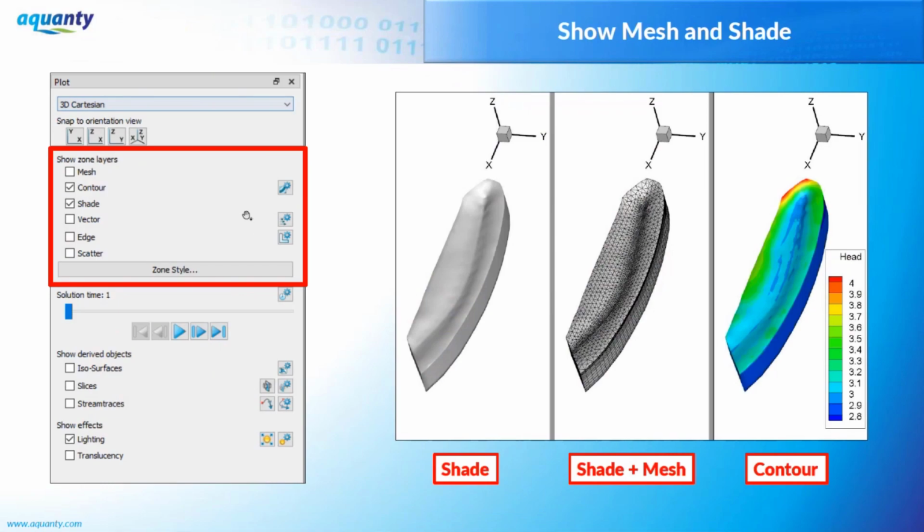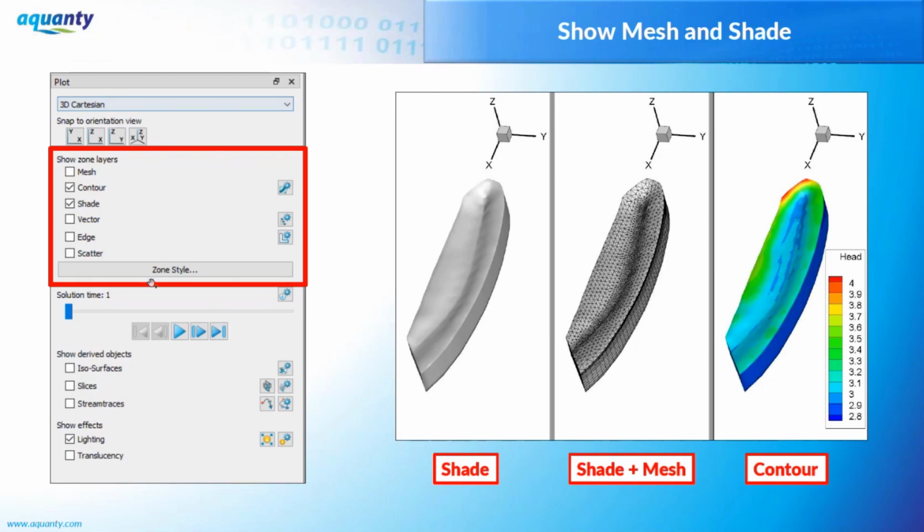So the first thing we're going to show is when you look at the plot menu, you have mesh, contour, shade, vector, edge, and scatter. Usually we use the first 3, and sometimes the fourth one is useful too. Edge will show you lines around the edges of your model. Usually I don't use this one.